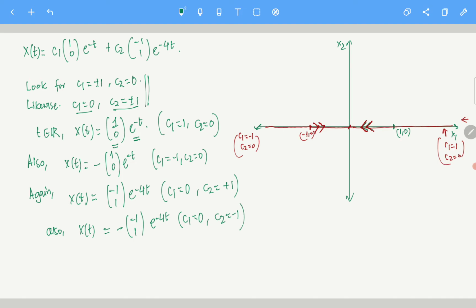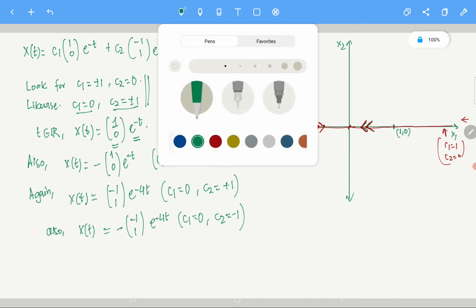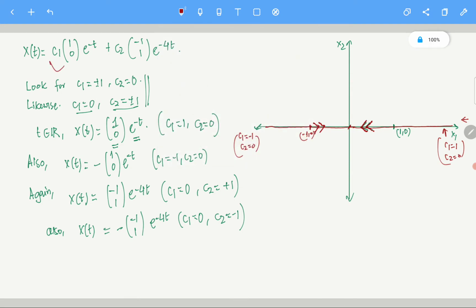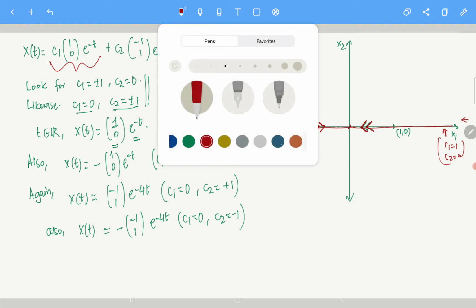I hope this is clear. Now I need to plot this, so let us plot it in a different color, maybe this color, and maybe some other color, like this.